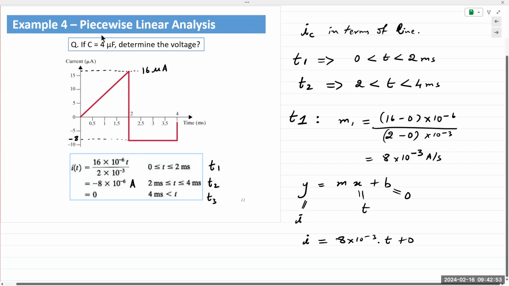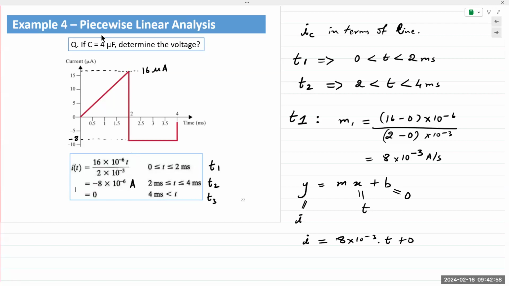It's a function of time. T is the variable. Make sense? Any questions?